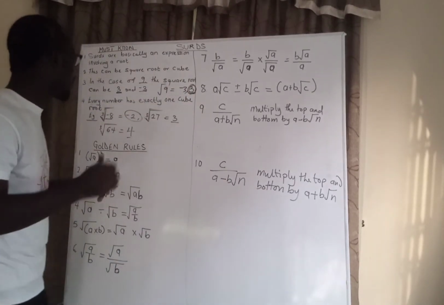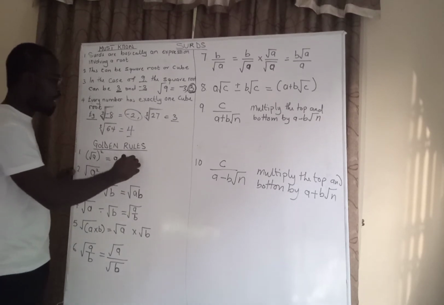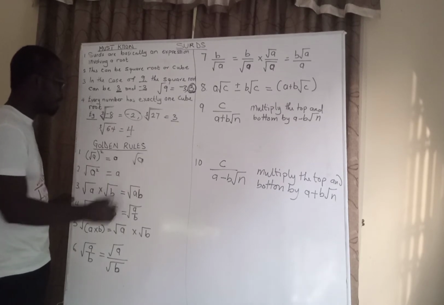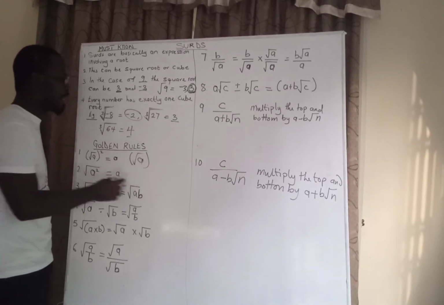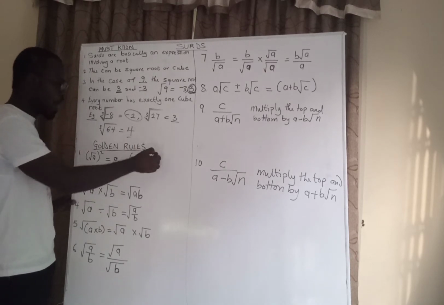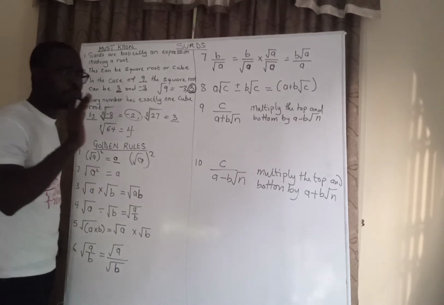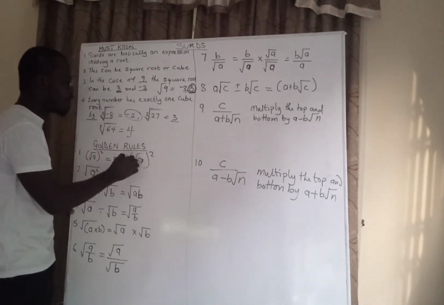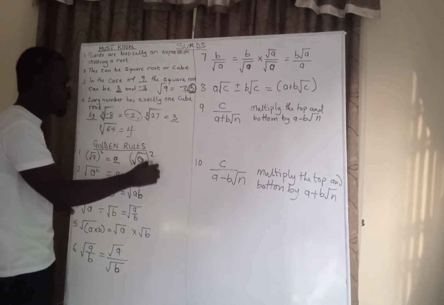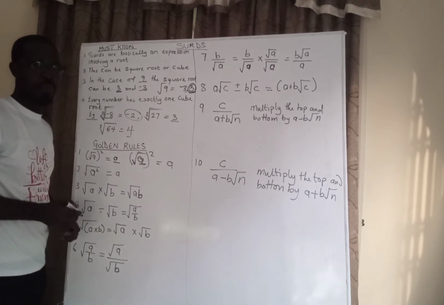The first golden rule states that if you have the square root of a variable, let's say a, squared, the resultant answer is a. So just put it at the back of your head: anytime you have the square root of a variable squared, the answer is that particular variable, a.